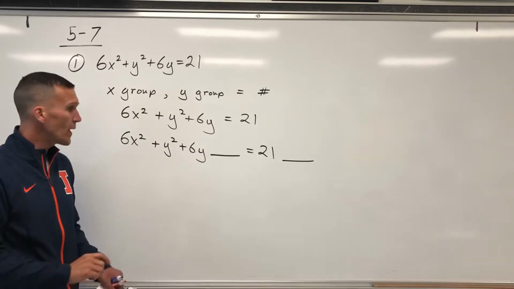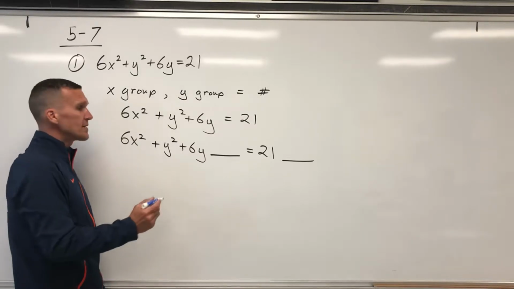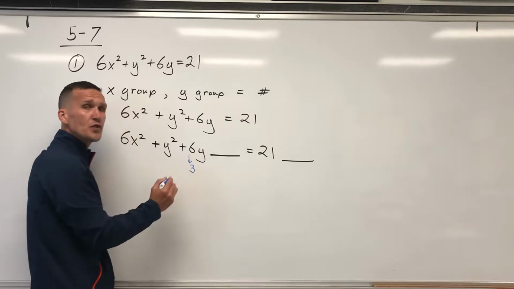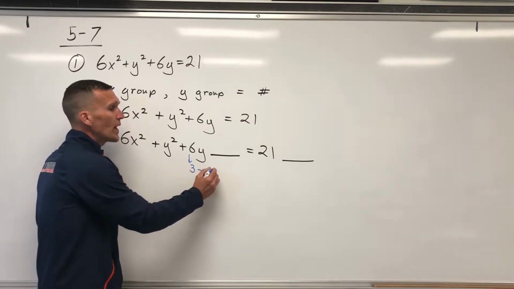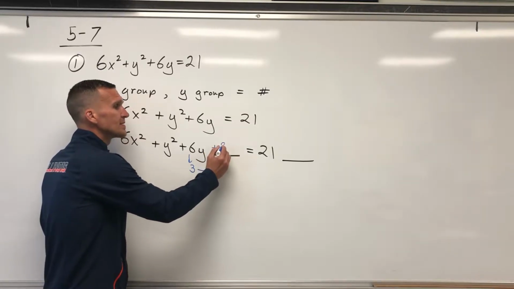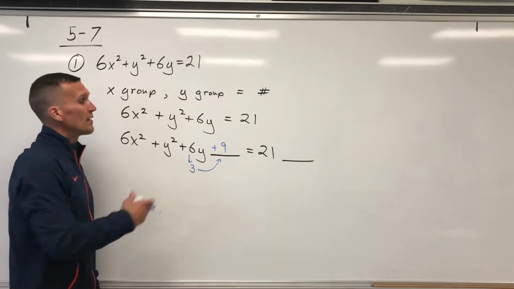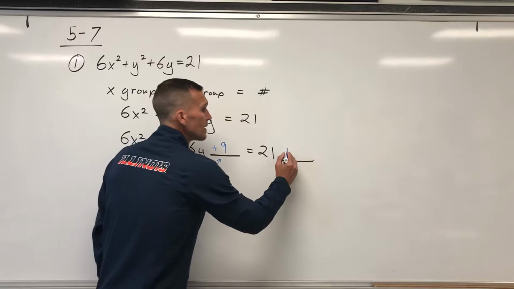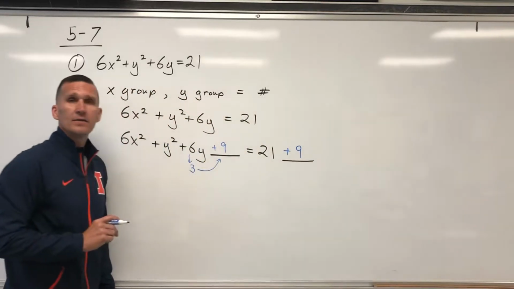Now we complete the square. Remember the process is we divide this number by 2, which is 3, and we square it, which is plus 9. Now, if I'm going to add 9 to the left side, to be fair, I have to add 9 to the right side.